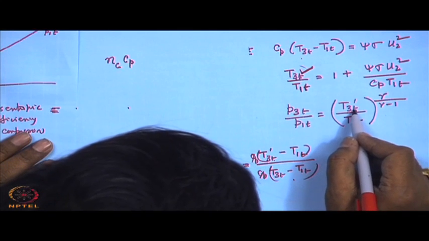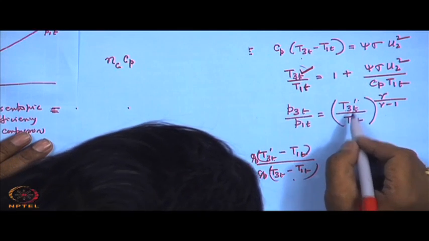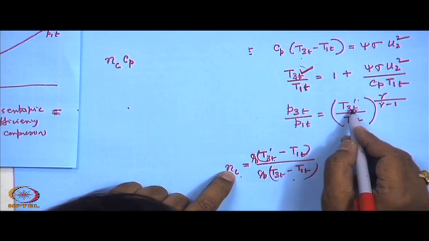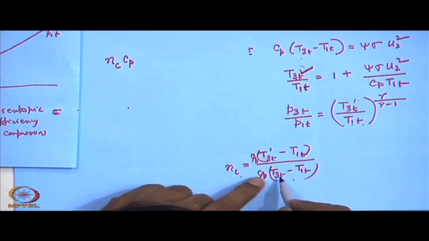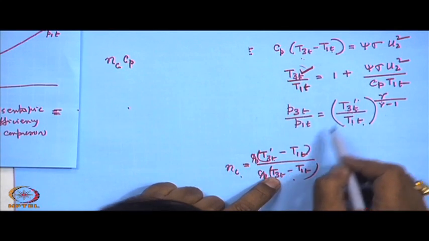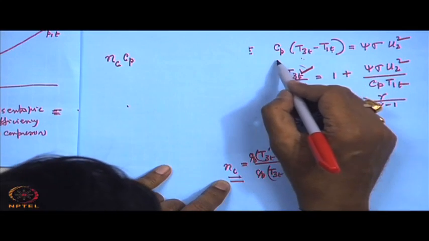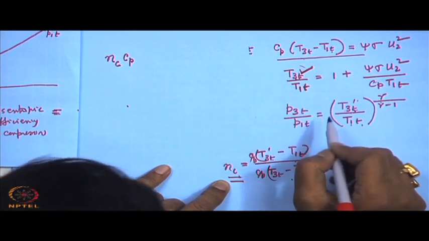Here we have T3T dash by T1T is this. Therefore, we can relate T3T dash by T1T in terms of T3T minus T1T through this eta C, and we can find out the pressure rise.